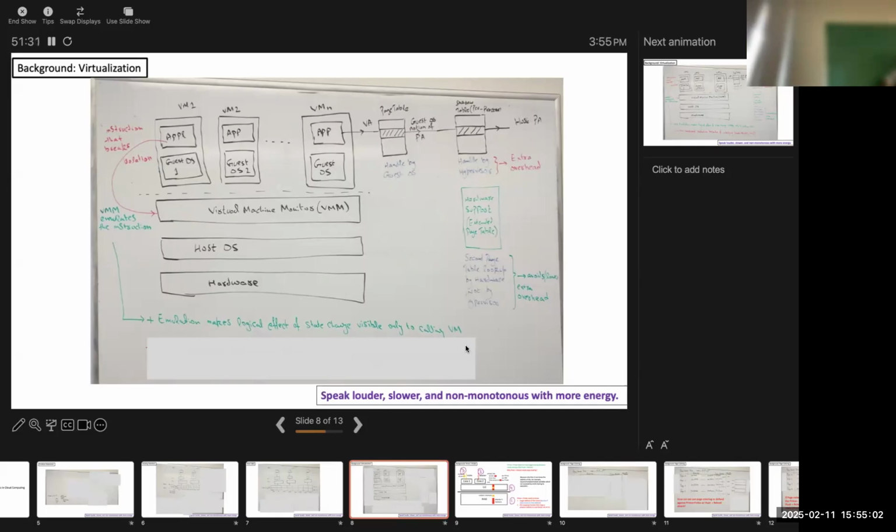So the purpose of the emulation is this. In emulation, what you do is that you try to faithfully replicate the architectural components as themselves. For example, you have this virtual machine running here, and you have another virtual machine running on the same platform. But at the bottom, we have the same hardware.